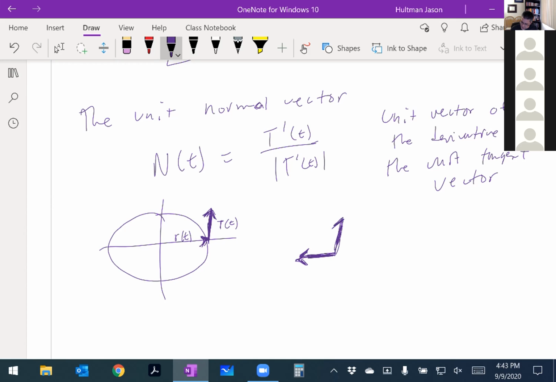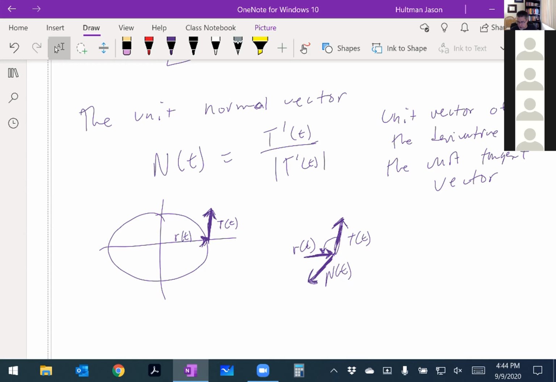If I take this guy into this, then won't it be coming out? So this is r of t, and this is T of t, and then N of t is orthogonal to both r of t and T of t.